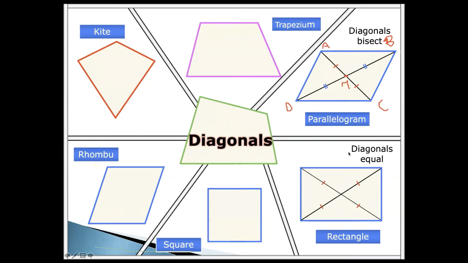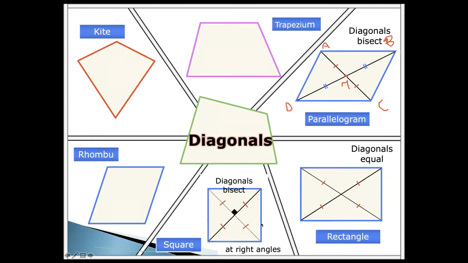The rectangle also has diagonals. They are equal. Take care, girls, they are equal. And they also bisect each other, because we said every special case of the parallelogram has diagonals that bisect each other.